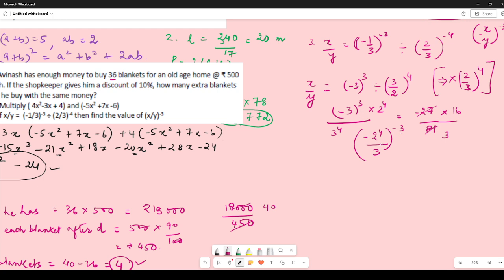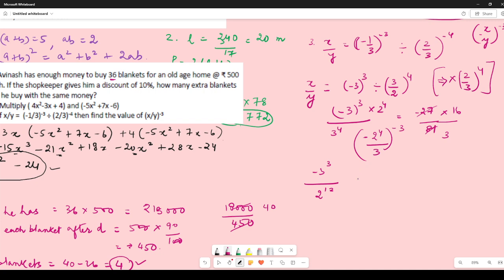So what we do now is we take the reciprocal. So what do we get over here? Minus 3 to the power 3 by 2 to the power 4 into 3, right? So this becomes 2 to the power 12.